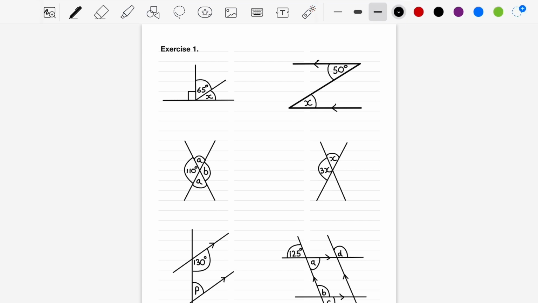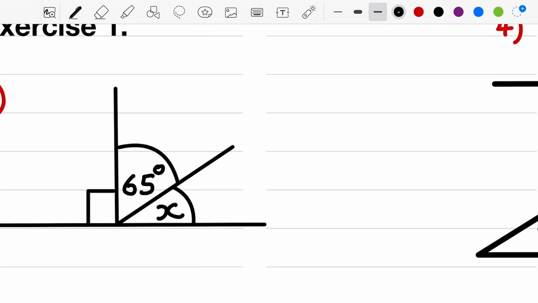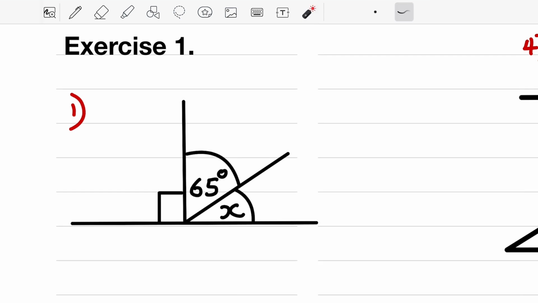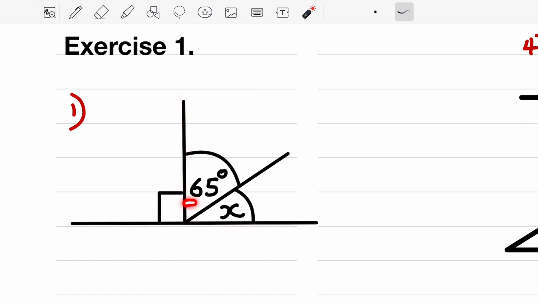Alright, so now that we have attempted these, we can solve them. Let's do that together. For number 1, we have a straight line angle. We know that this is a 90-degree angle, so this remaining angle here will also be 90 degrees. So this here is a complementary angle.